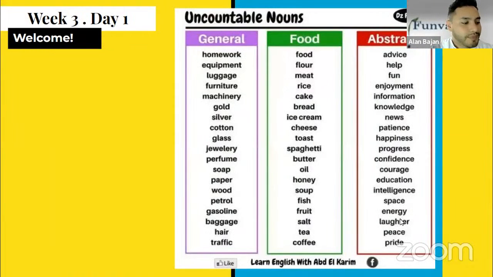And here we have the uncountable nouns, something that we can count. For example, the food. The food is something that we cannot count, right? In English, grammatically.